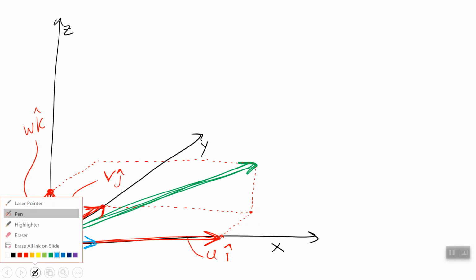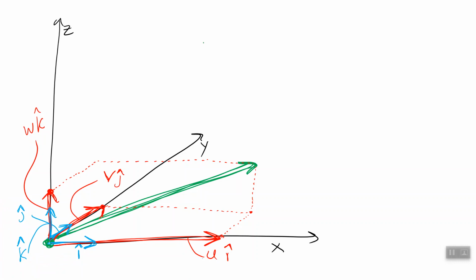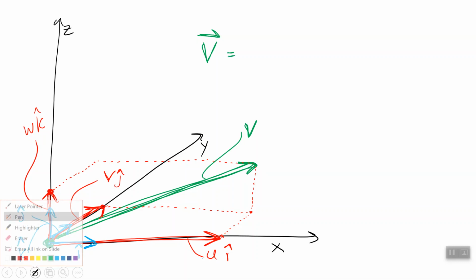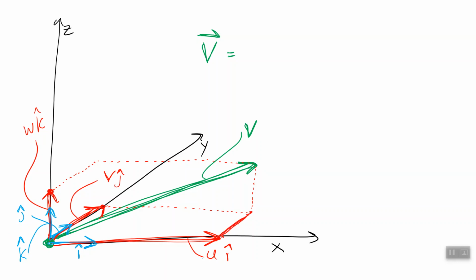And so what you see is v, which is this vector, being the actual direction and velocity the fluid is moving, is just going to be equal to the addition of these 3 smaller vectors, which when you add them together, you do u i hat.